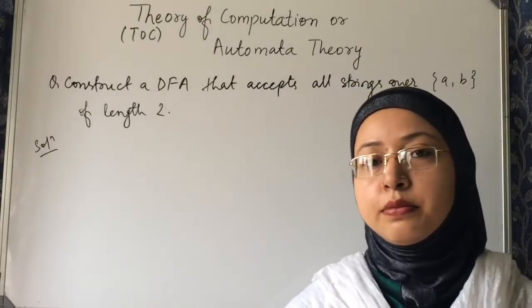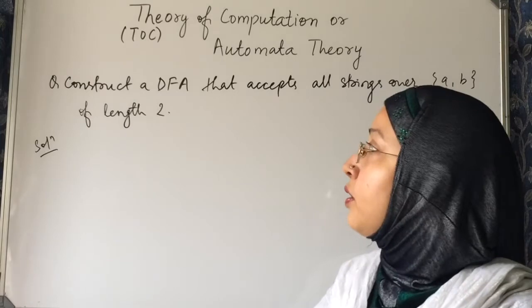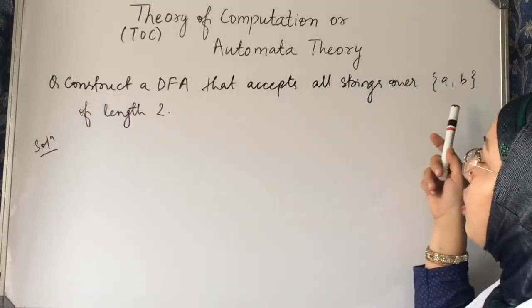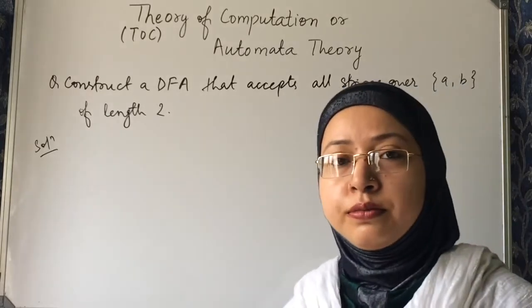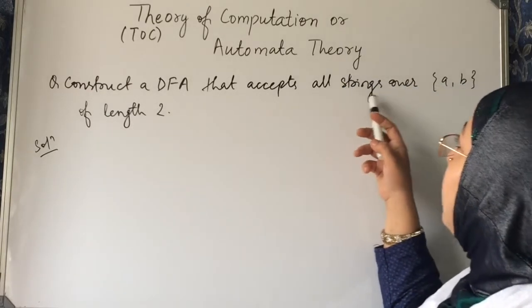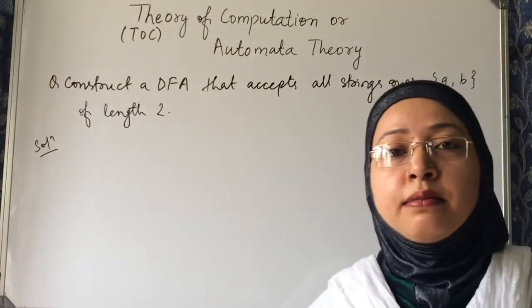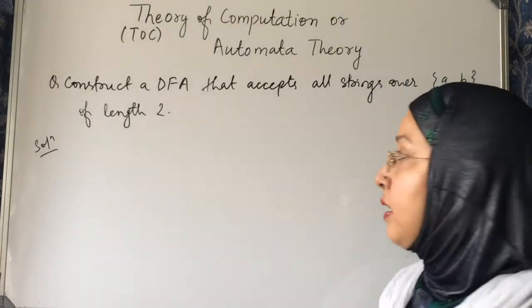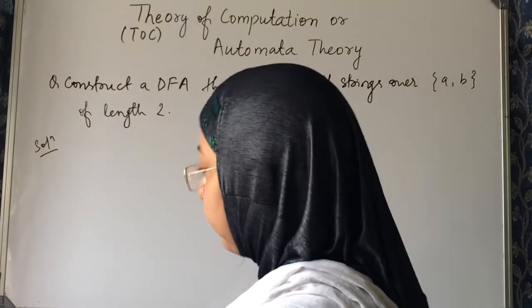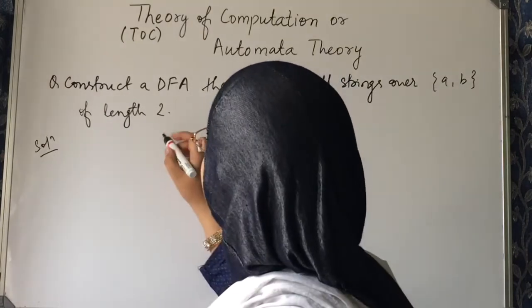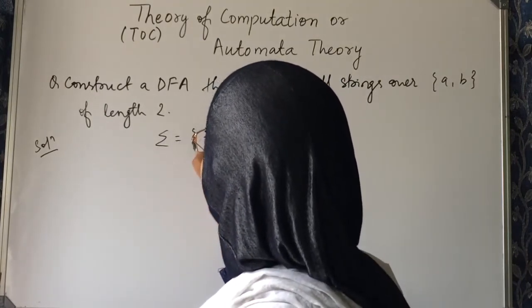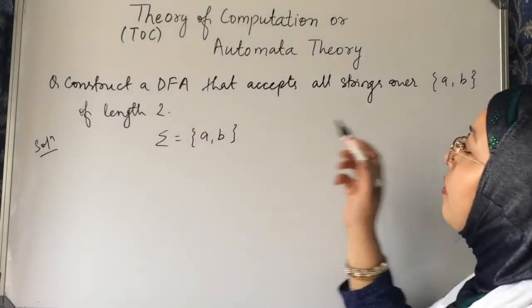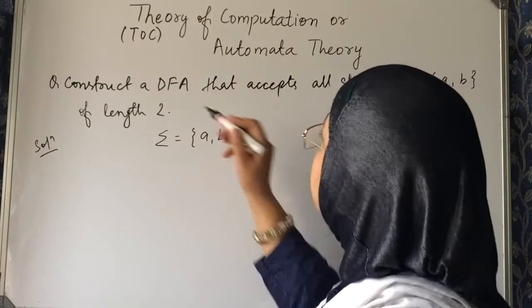Now let's see this problem. The question says: construct a DFA that accepts all strings over {A, B} of length 2. A, B is given as the alphabet, so your sigma is A comma B. You have to accept all strings of length 2.